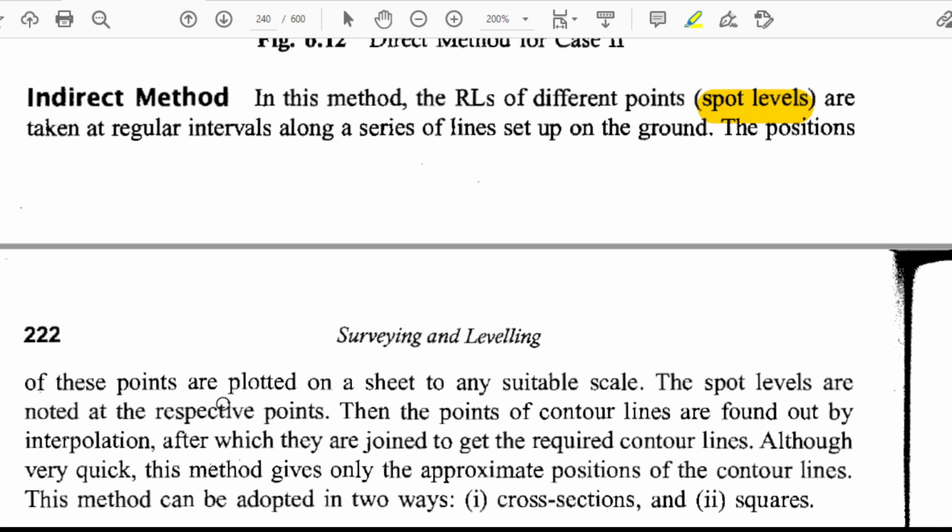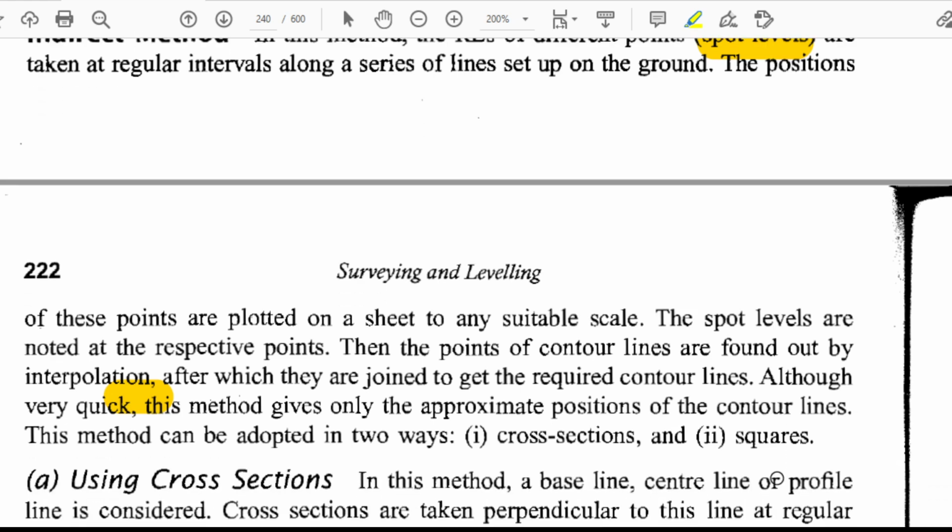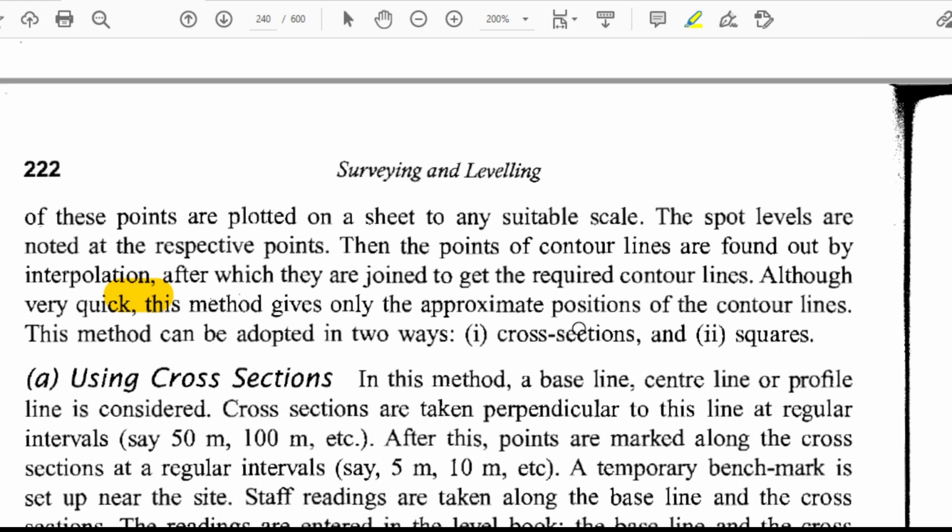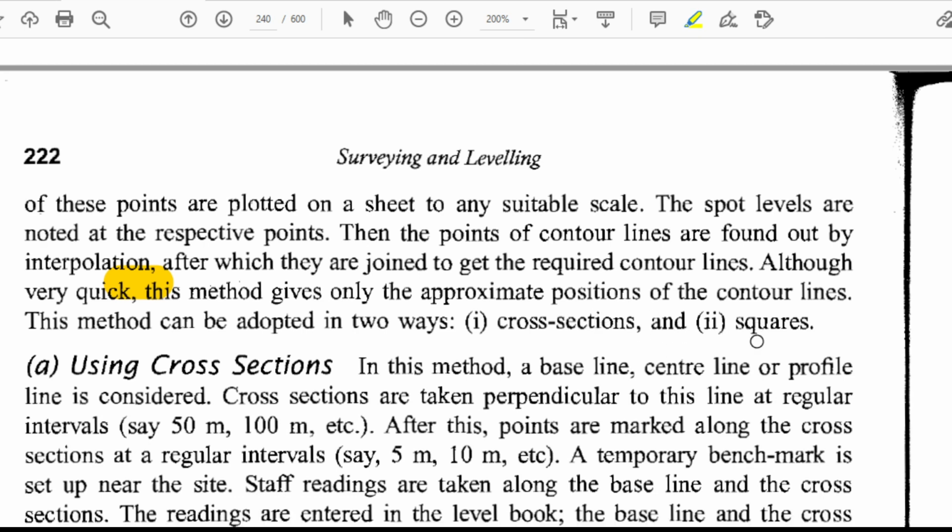The spot levels are noted at the respective points. Then the points of contour lines are found out by interpolation, after which they are joined to get the required contour lines. Although very quick, this method gives only approximate position of contour lines. This method is adopted in two ways. First is cross sections and second is squares.